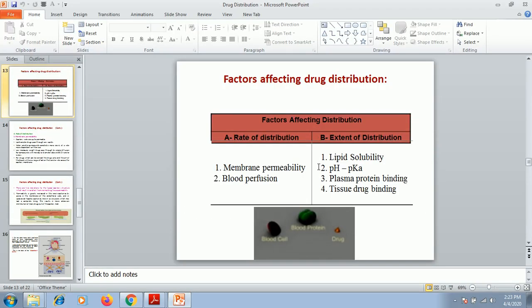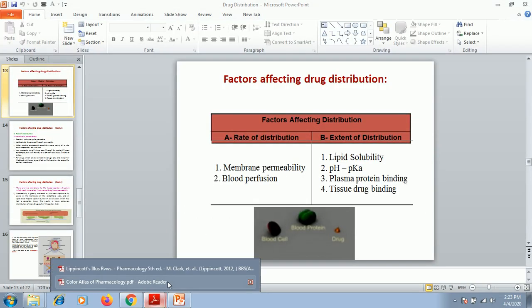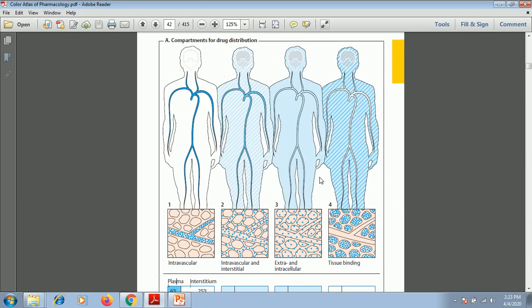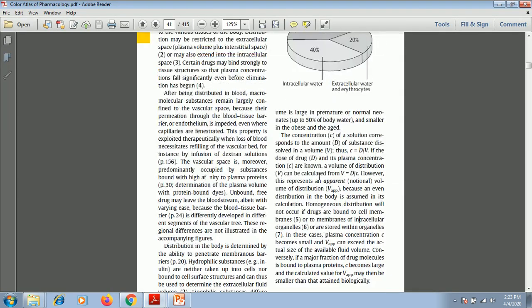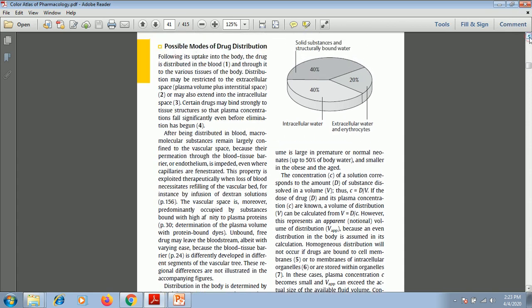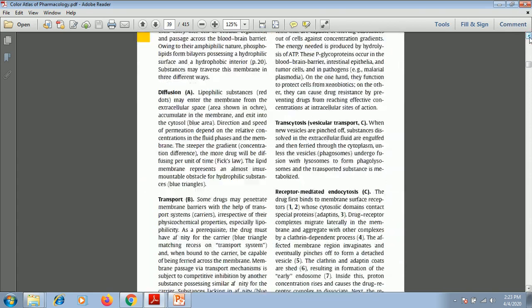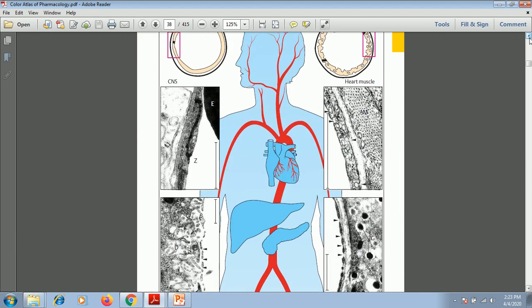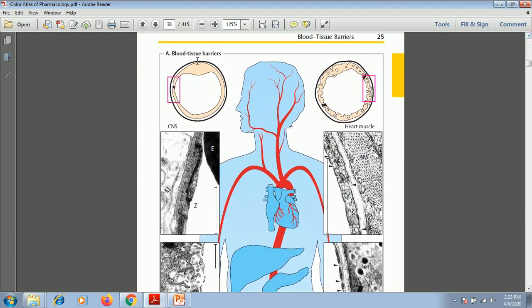If we talk about membrane permeability, here we can see an example of that. You can see this is the blood-brain barrier. This is the CNS. Here the membrane is continuous, so drug penetration is almost impossible.